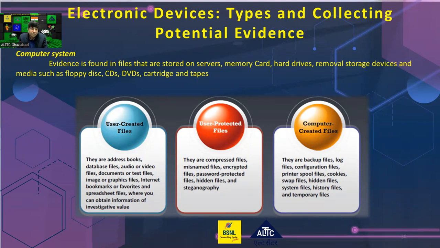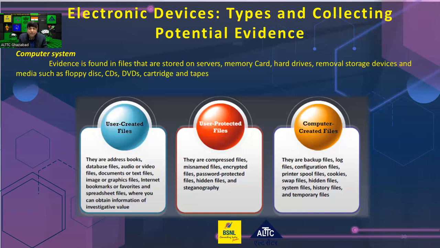We can categorize these as user-created files, user-protected files, and computer-created files. What is the meaning of user-created files? They are address books, database files, audio or video files, document or text files, image or graphics files, internet bookmarks or favorites, and spreadsheets, where you can obtain information of investigative value. User-protected files are compressed files, misnamed files, encrypted files, password-protected files, hidden files, and steganography.